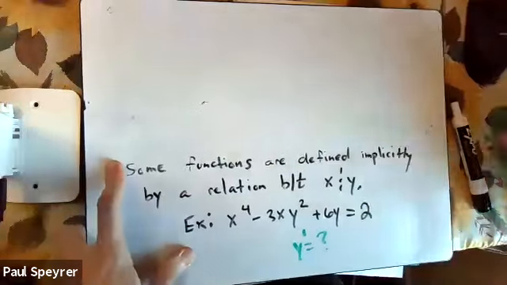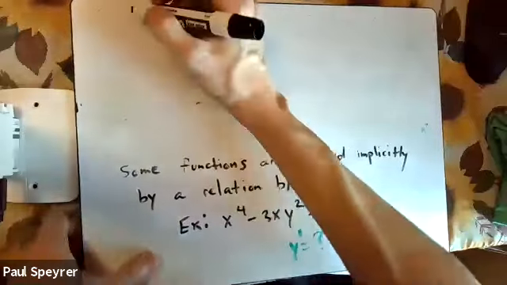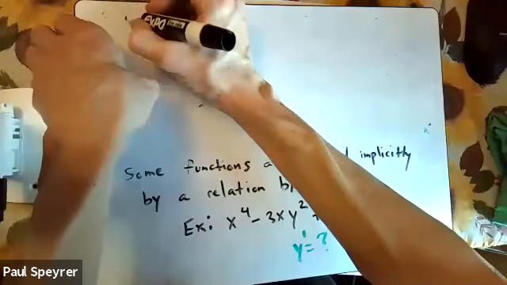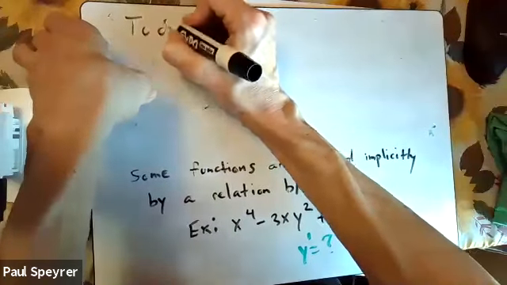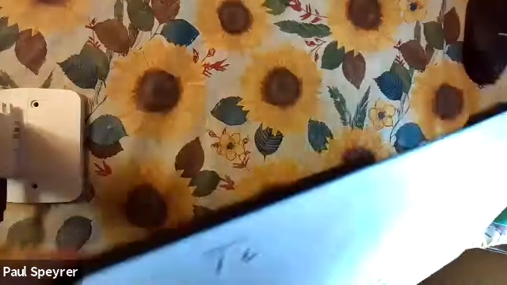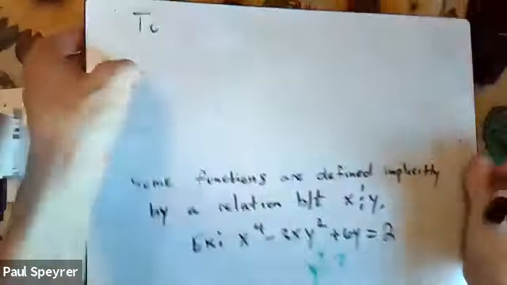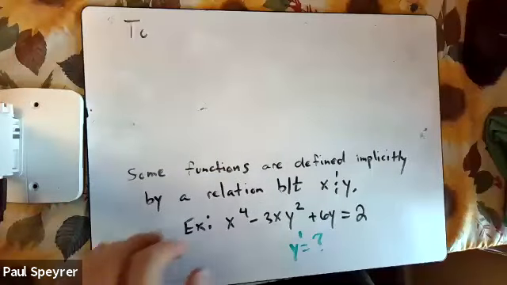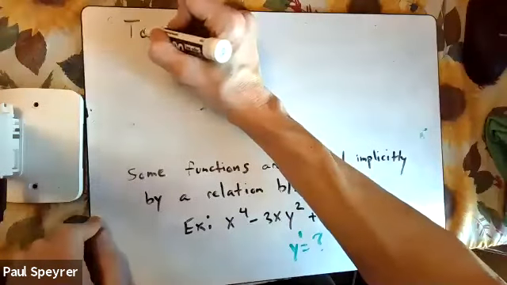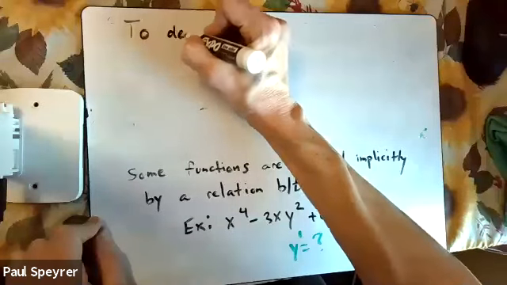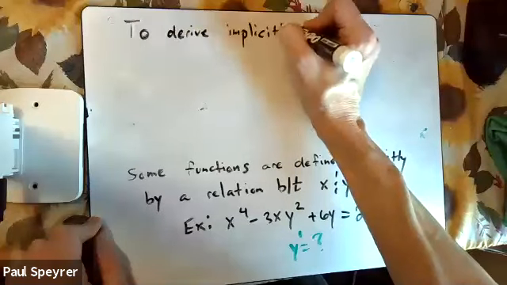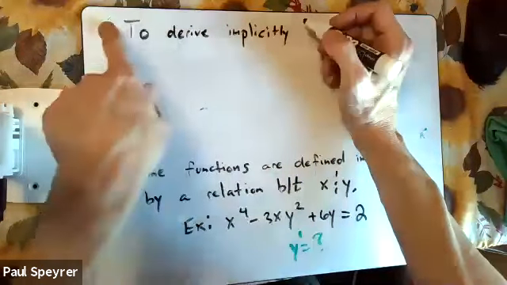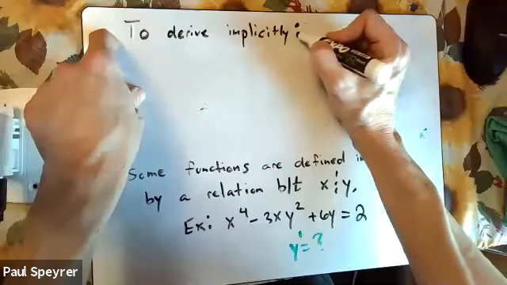Well, the trick is, to differentiate implicitly, you just have to remember basically one thing. It involves the chain rule.